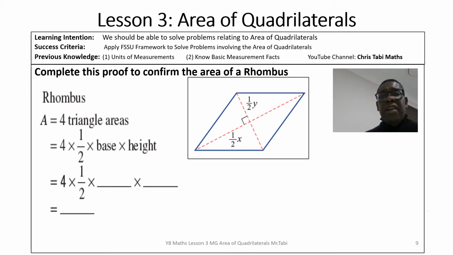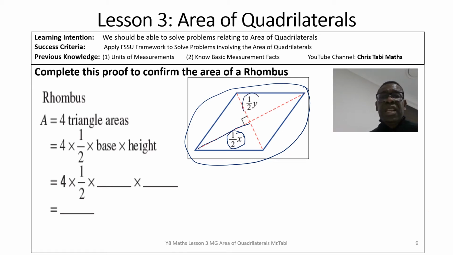If we look at the diagram over here, we know that distance here to there is half x, and that vertical distance over there is half y.